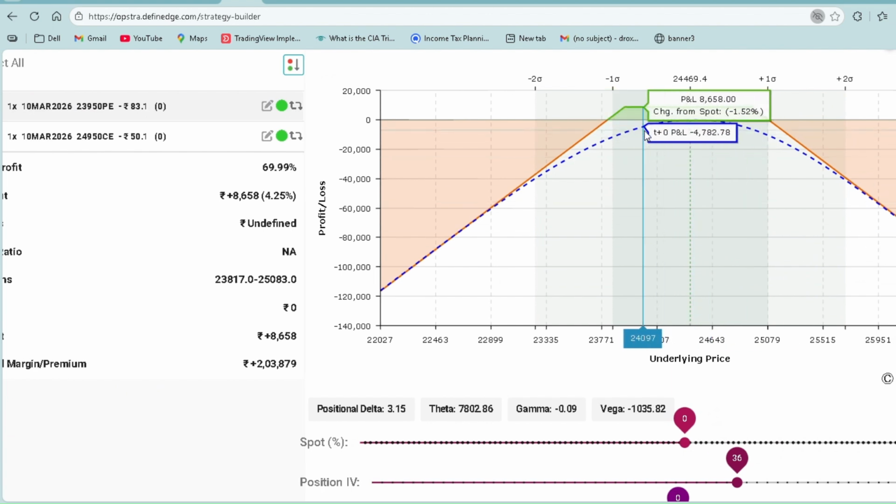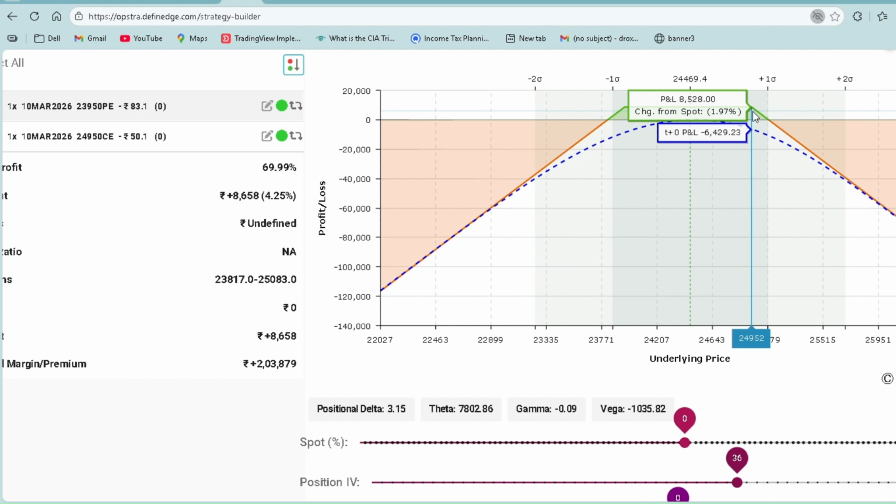Now look at the payoff chart. We can see the maximum profit happens when the market stays within this zone, between the 23,950 PE and the 24,950 call.